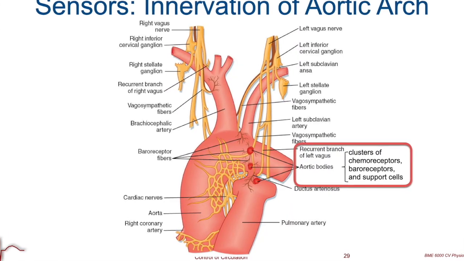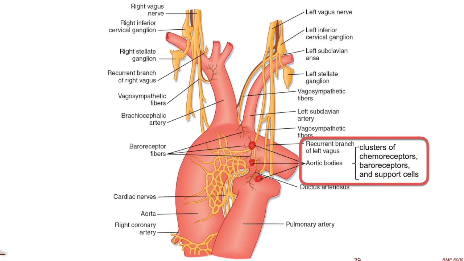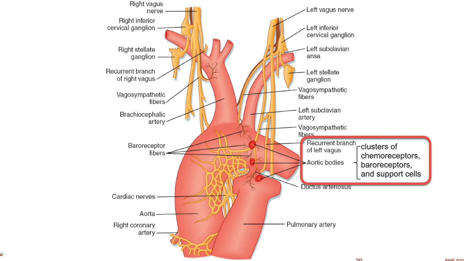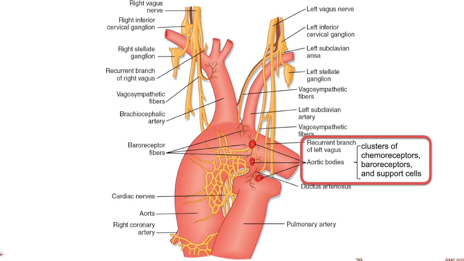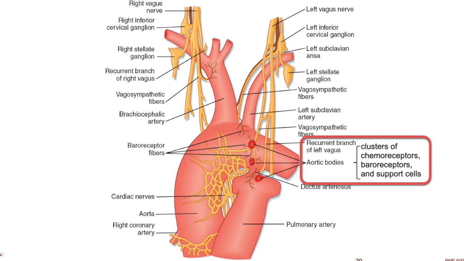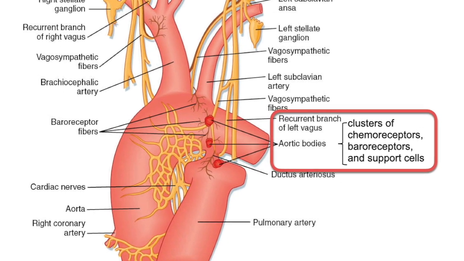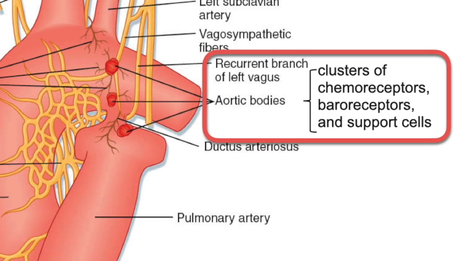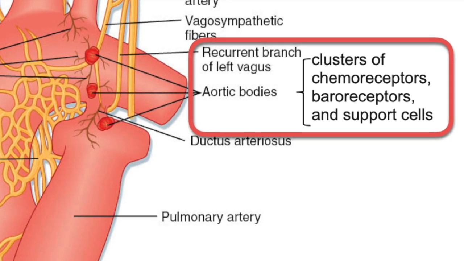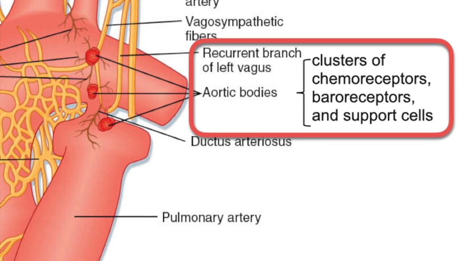Now, one of the key sensors that we have to monitor is, for example, the blood pressure. I said blood pressure is something that we keep track of, and we will spend time talking about that. There are organs, literally sensors, that are in the aortic arch, in the vessel itself. So in the vessel are sensors that can sense certain things. There are sensors of pressure. There are also chemoreceptors. There are sensors of chemical levels.